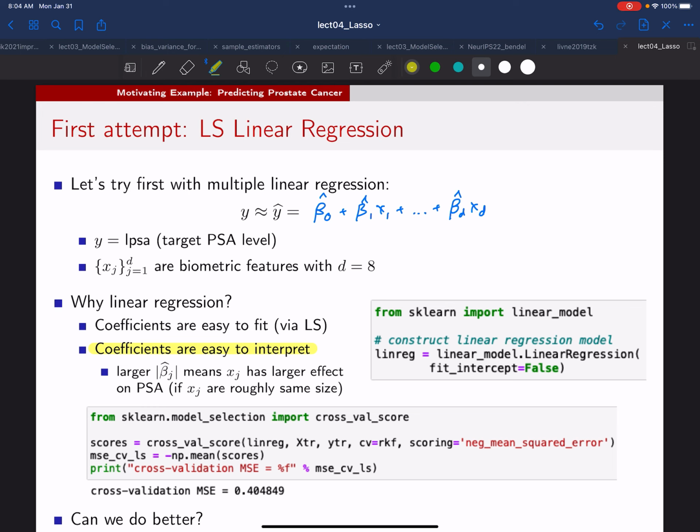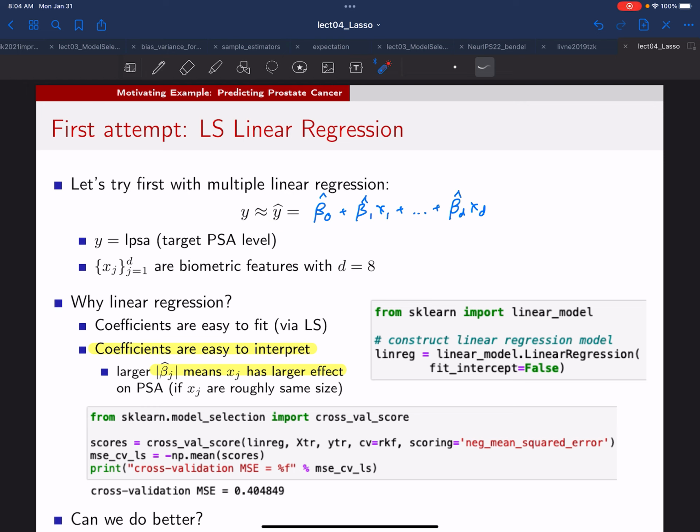What we mean by that is that the larger the jth coefficient, the larger the effect of the jth feature. Because if you find that you have various coefficients, and one is much larger than the rest, that means that feature is being used much more to predict the targets. We have to be a little careful with that.